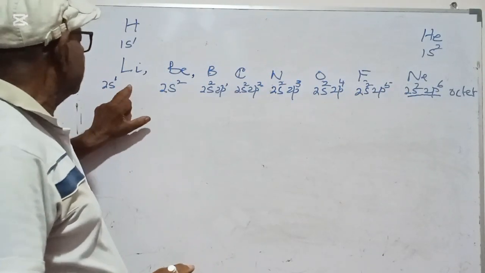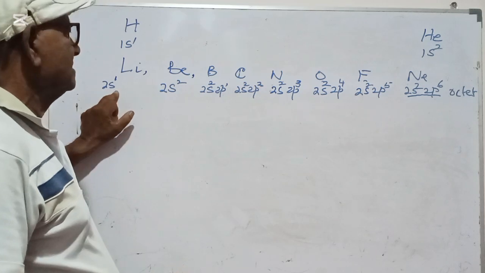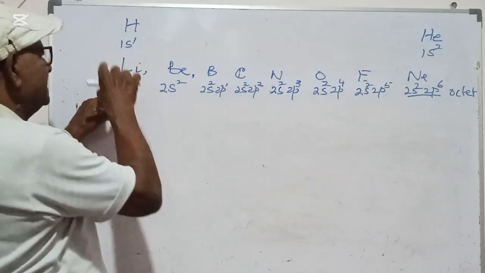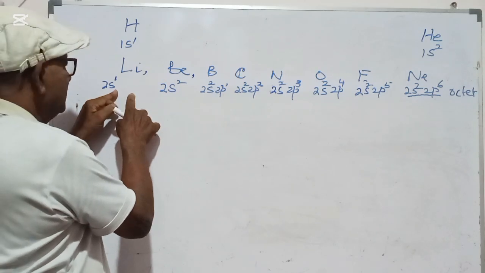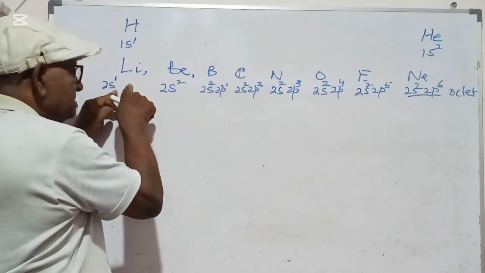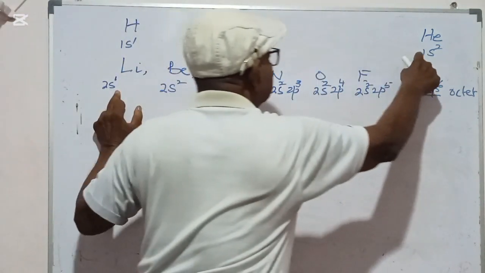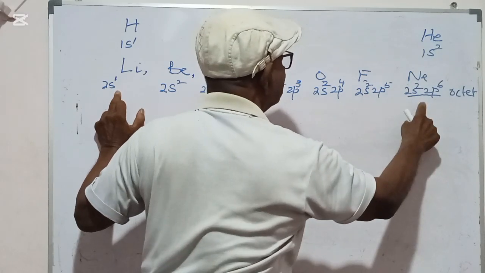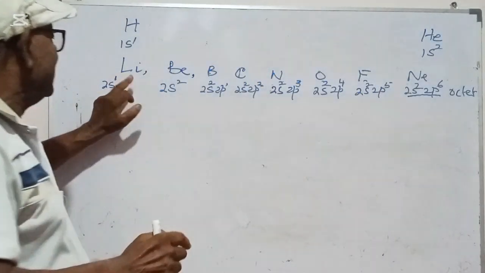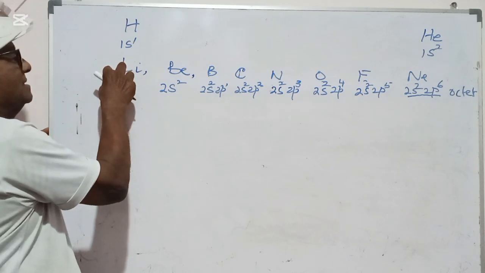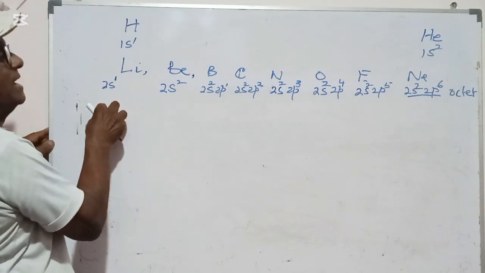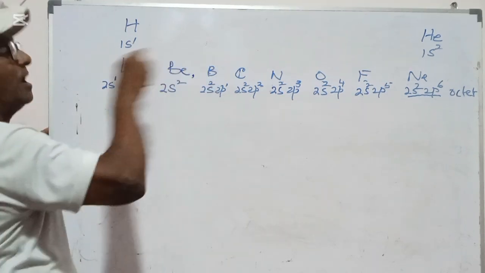See here lithium, 1s1. So what is the nearest stable gas configuration? For lithium the nearest one is helium, not neon. Then lithium removes that electron, keeping the 1s2 as the outermost orbital.